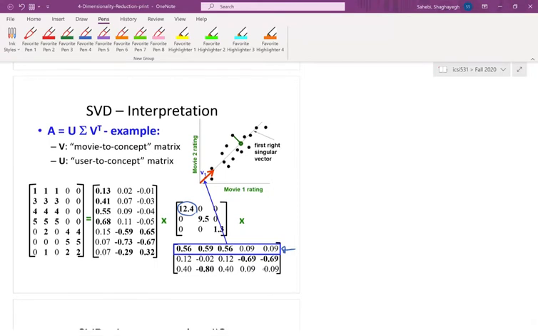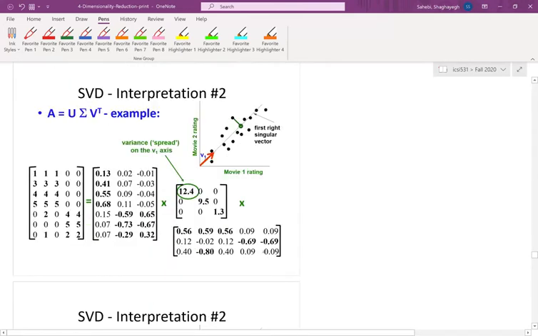And then this singular value is going to be a representative of our variance or spread of our data on this direction, the direction of first singular vector.